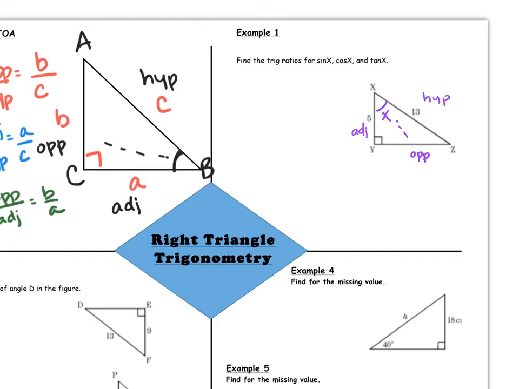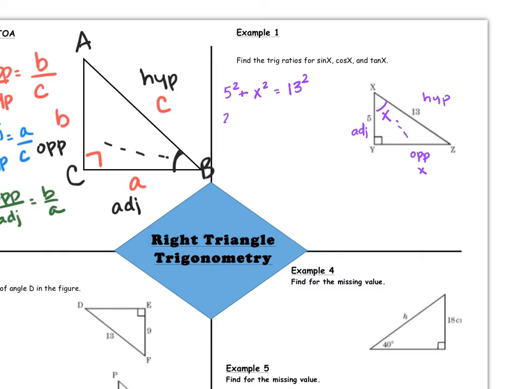Now notice, to write the trig ratios, we need to have all three sides. Here we're only given 2. So we're going to use the Pythagorean theorem to find the third side of a right triangle. We have 5 squared plus, we'll call this side across from x little x, so x squared is equal to the hypotenuse squared.